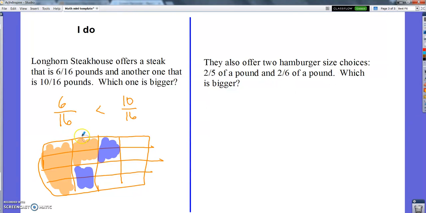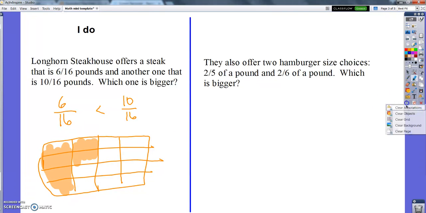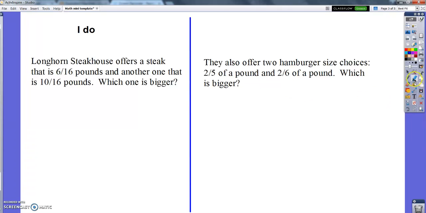It's just common sense. If the denominators are the same, it is okay to say common sense tells me that 10/16 is bigger.